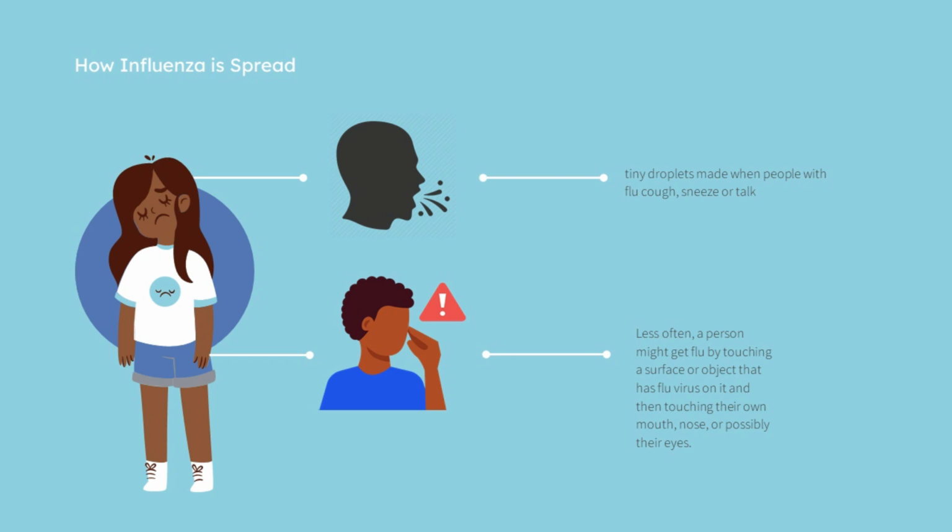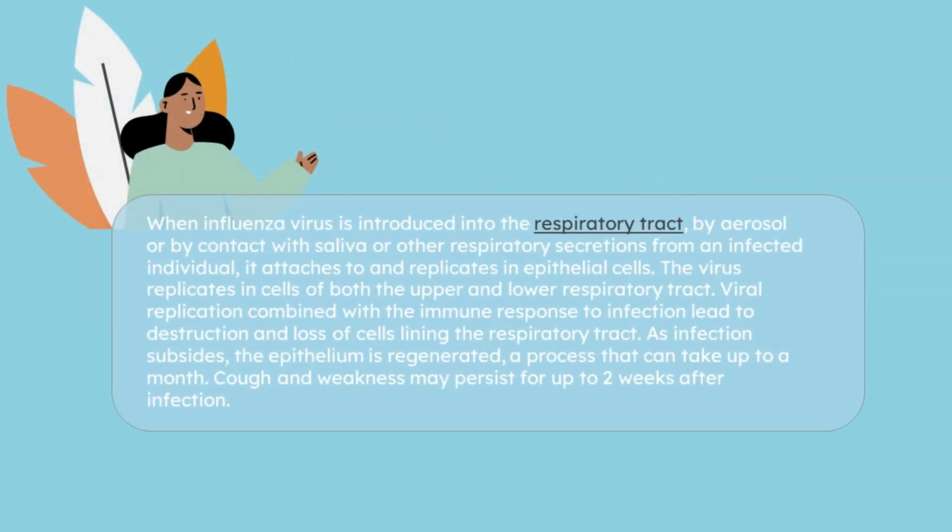Contact with contaminated surfaces is another possible source of transmission, as the virus can live on non-porous surfaces for up to 48 hours and on clothing for up to 12 hours. When influenza virus is introduced into the respiratory tract by aerosol or by contact with saliva or other respiratory secretions from an infected individual, it attaches to and replicates in epithelial cells.